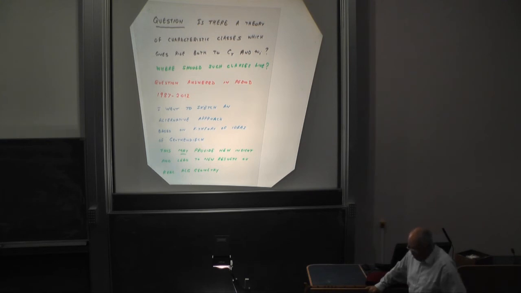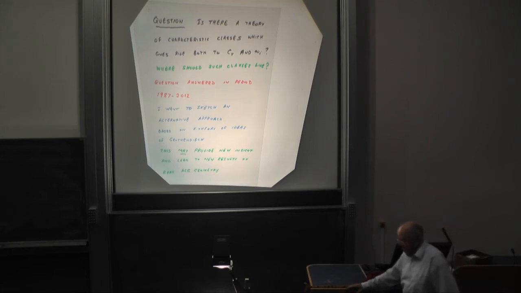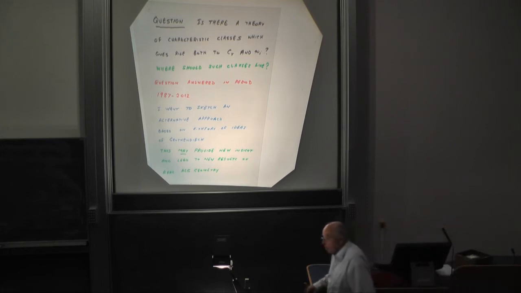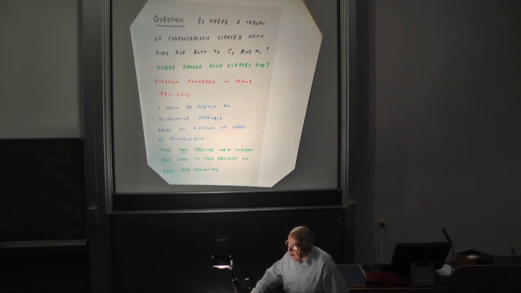But I started thinking about it by myself, and one of the advantages of not knowing what's come before is that you might have an idea that other people haven't thought of. So I developed what I think is an alternative approach to this problem, which is, interestingly, related to what's been done, but it's not the same. And this is based on the ideas of Grothendieck, which go back more than half a century, and his development of K-theory.